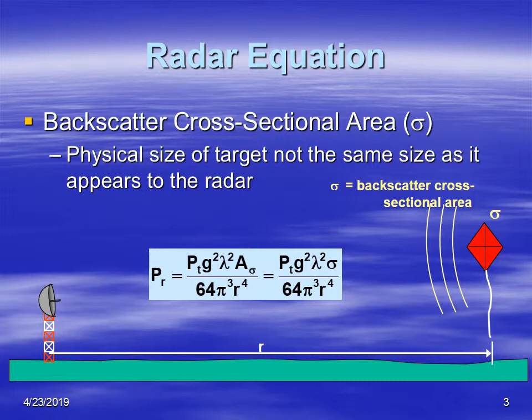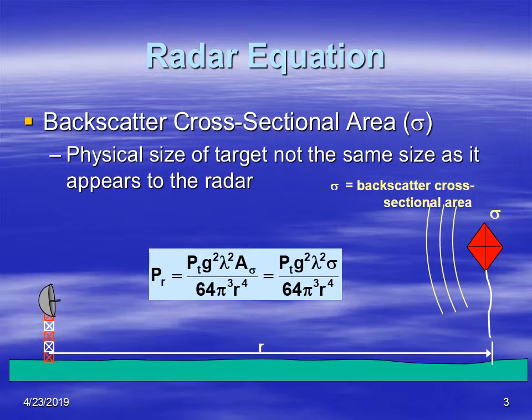In our previous video, we looked at just a kite, and we said that kite had a cross-sectional area, A sub sigma. We're going to modify that a little bit now. We're going to define the area that's intercepting and scattering the radar energy back to the radar as the backscatter cross-sectional area, and we're going to use the symbol sigma to define that.